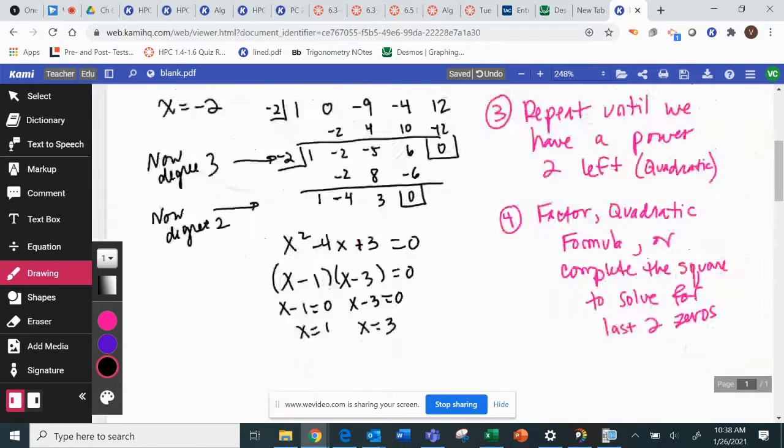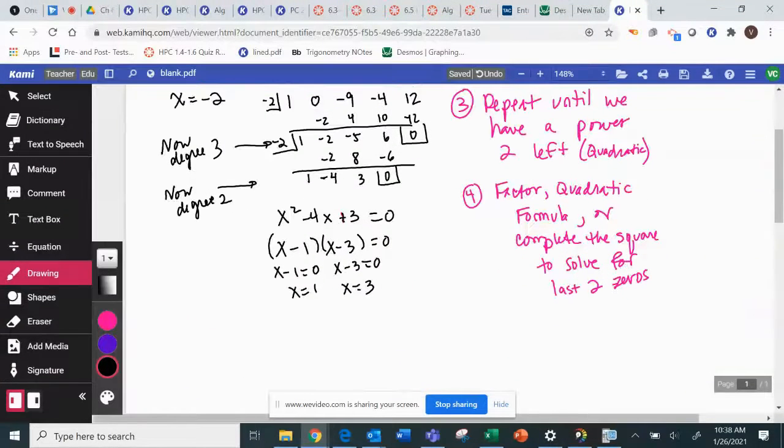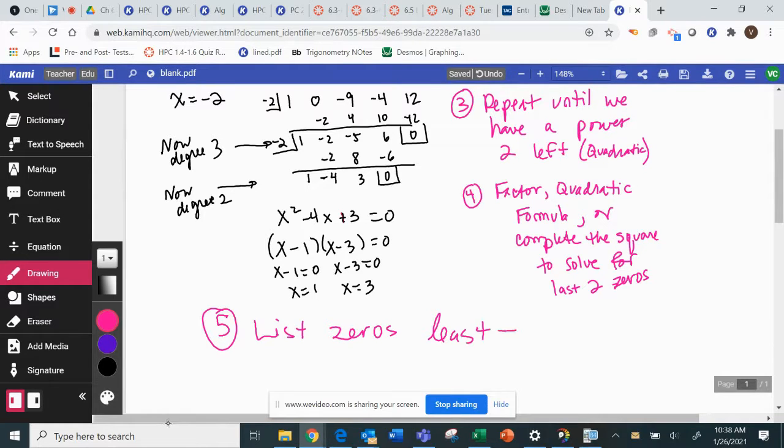Okay, so now we have found all of the zeros. We're going to list our zeros from least to greatest. Left to right.